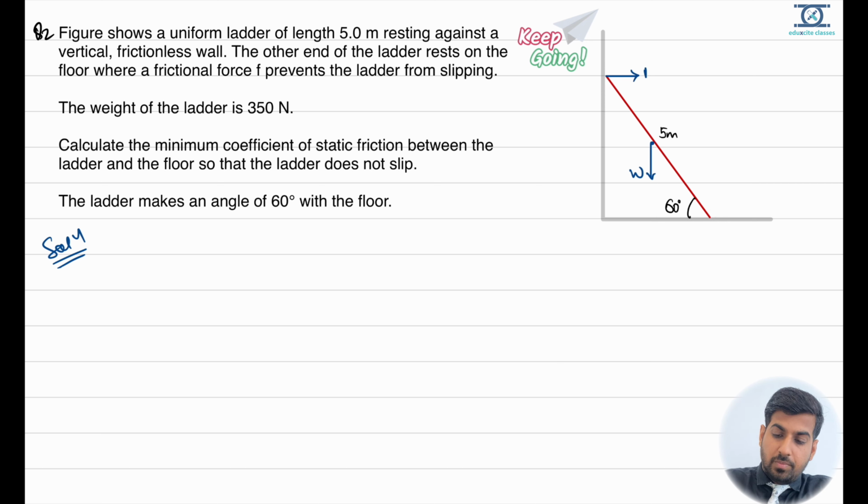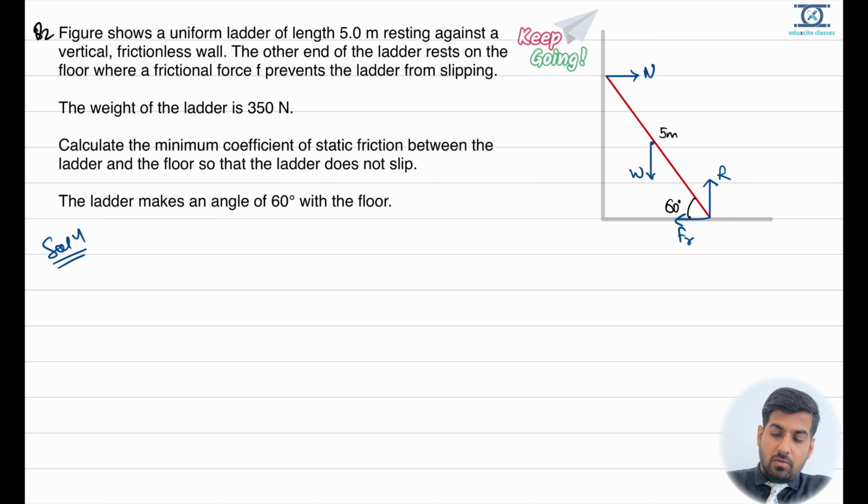Normal is always perpendicular, we discussed in our previous video, and let us consider the other normal as R. Now this is supposed to slide like this, so the friction will be acting in this direction. There is no friction on the wall, but the floor has friction, so friction will be acting in this direction. So these are the forces acting.